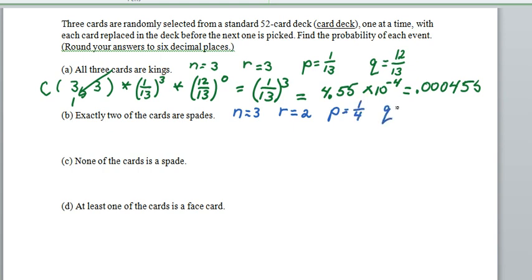Probability of getting something other than a spade is 1 minus 1/4, or 3/4. So we'll have the combinations of 3 taken 2 at a time times 1/4 squared times 3/4 to the 3 minus 2, which is 1.